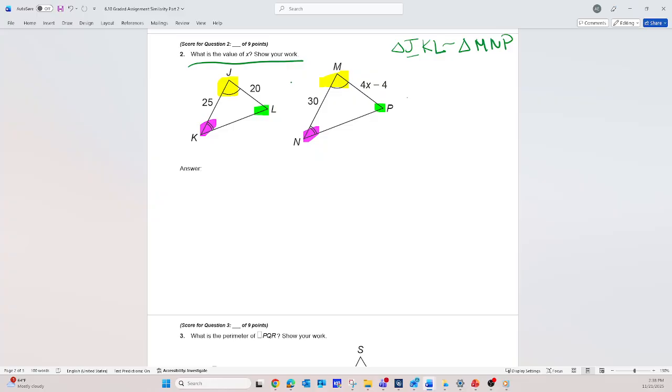They're similar because the angles are always the same, remember. In similarity, angles are the same. And they should have the same scale factor. Their corresponding sides should be proportional. So let's take a look.